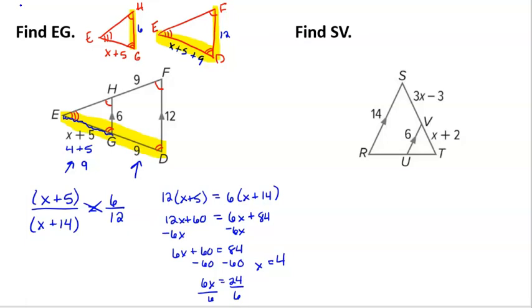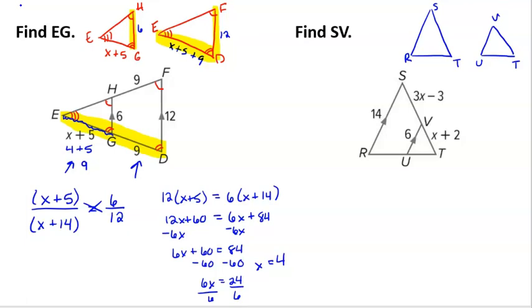All right, and then let's go ahead and do this last one. So for this last one, if you need to draw it out, then draw it out separately, if that makes it easier for you. Just redraw it. So here's my big triangle, and then here is my smaller triangle.